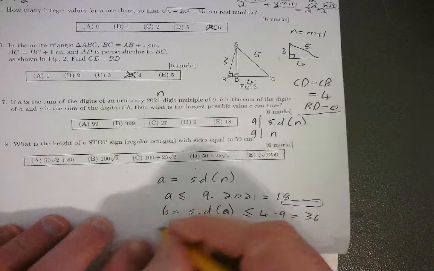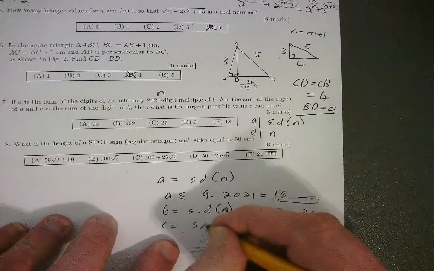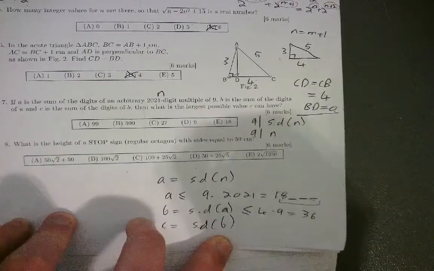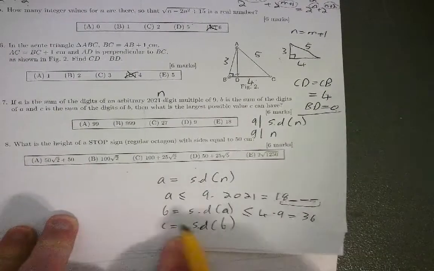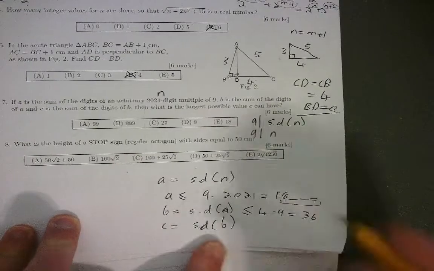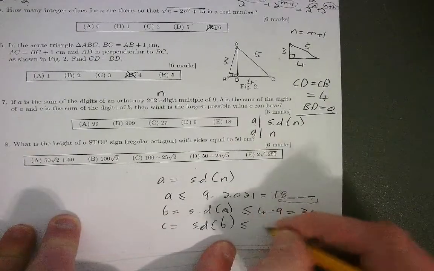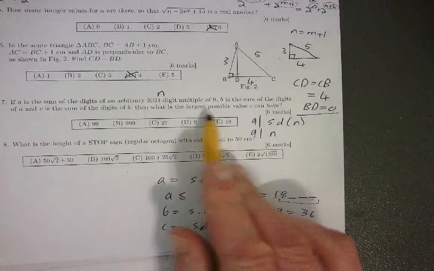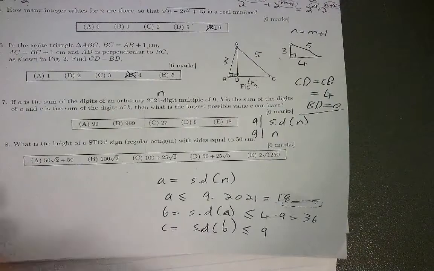And then c is the sum of the digits of b, and the largest b can be is 36, so the largest the sum of its digits is 9. So what's the largest possible value for c? It's 9.